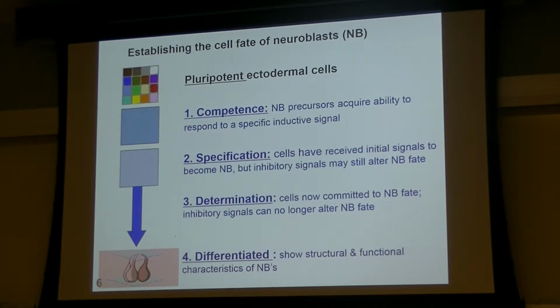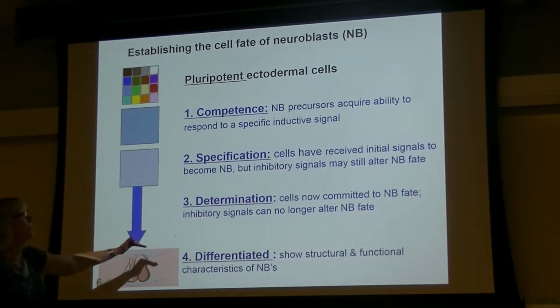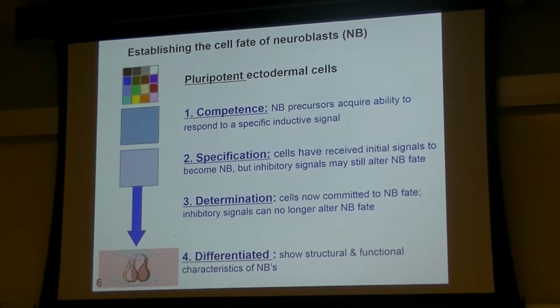Okay, so these cells in the neuroectoderm region, we can think of them as being pluripotent cells. So they have a certain limited number of choices now that they're going to make, and eventually take on these discrete fates. And we've touched on some of these concepts before, but I haven't talked about competence as much.